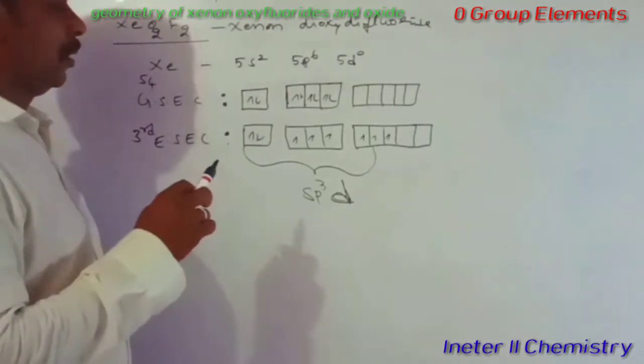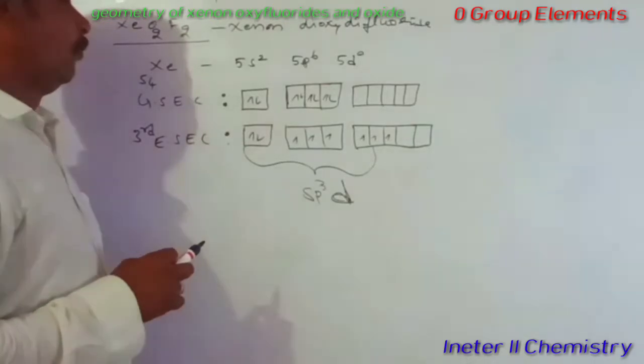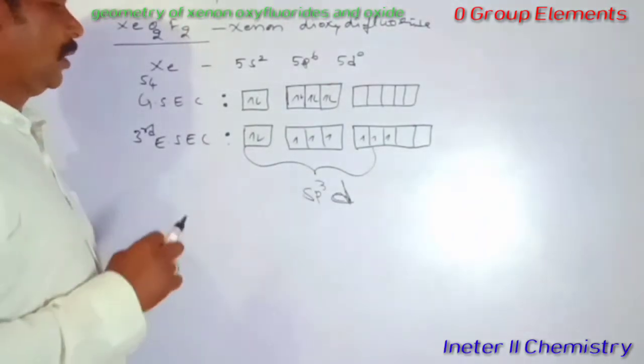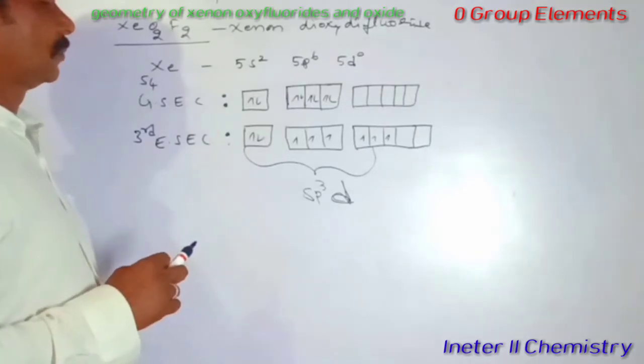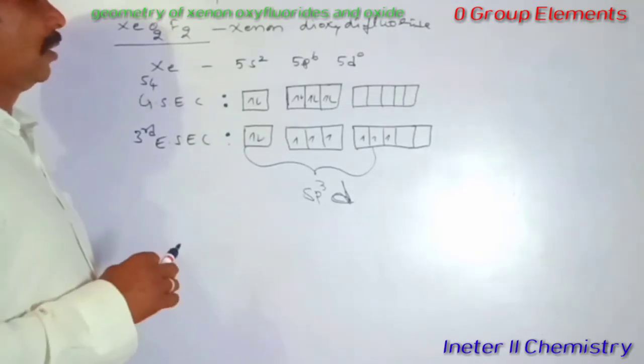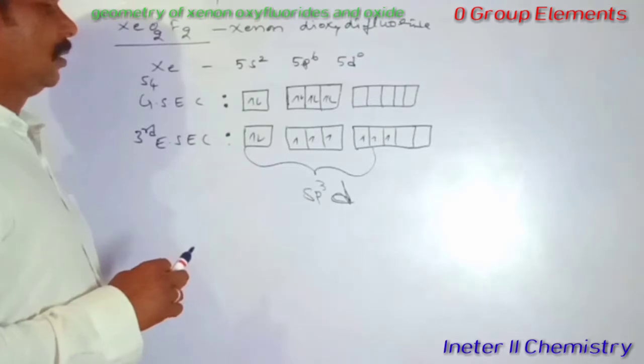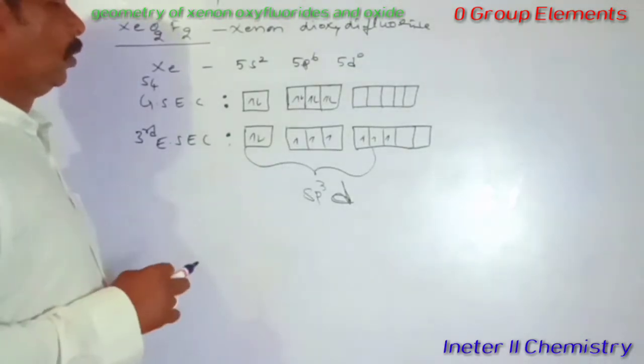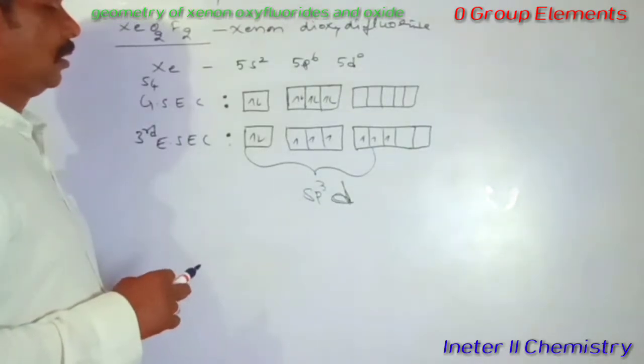How many sp3d hybrid orbitals are formed? 5 sp3d orbitals are formed. In these 5 sp3d orbitals, only 4 orbitals contain unpaired electrons. The remaining orbital contains a lone pair of electrons.